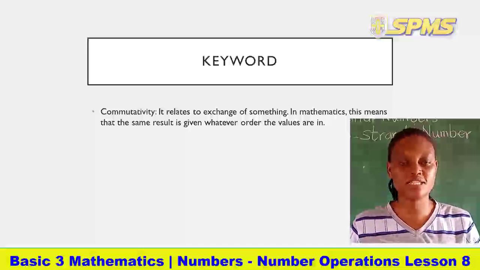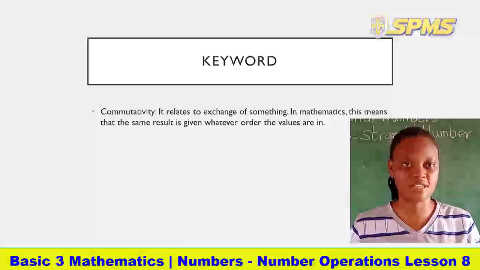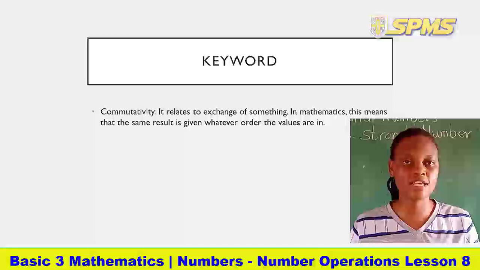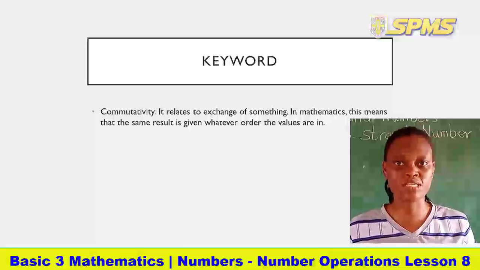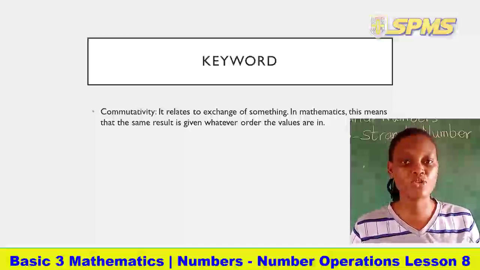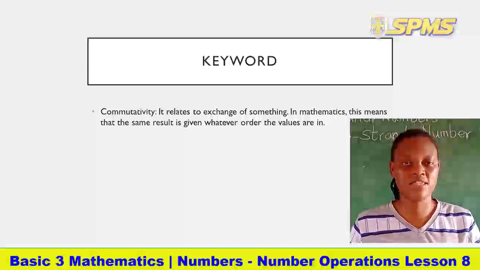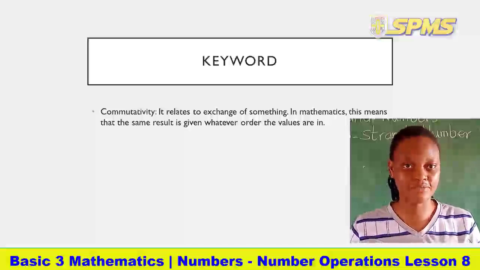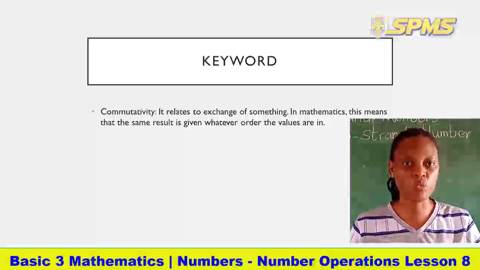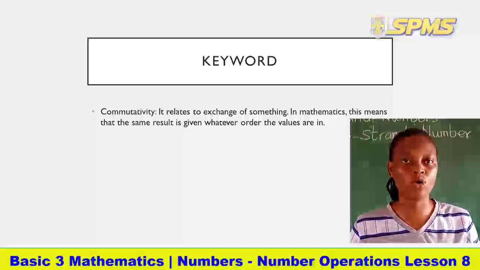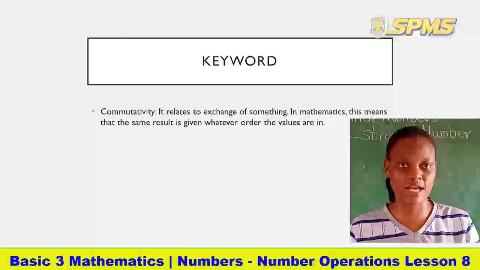This relates to exchange, the exchange of something. Commutative means that the same result is given in whatever order the values are in. So in whatever order the values are, there should be the same answer.